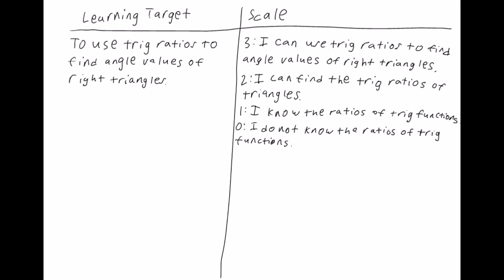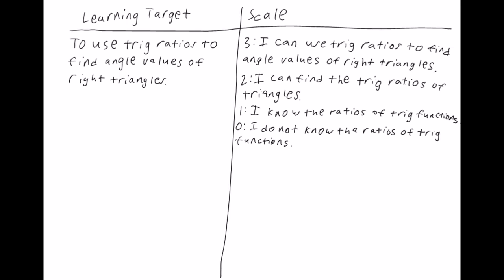The learning target for today is to use trig ratios to find angle values of right triangles. 3. You can use trig ratios to find angle values of right triangles. 2. You can find the trig ratios of triangles, but you can't use them to get to angles. 1.